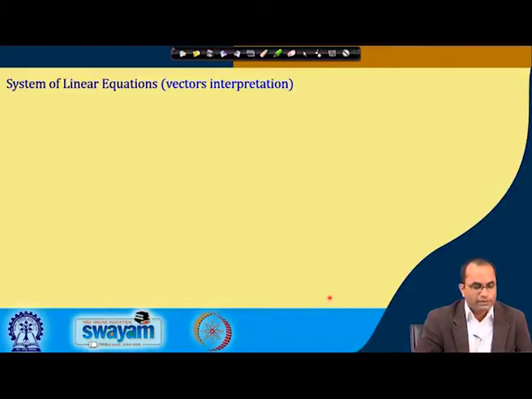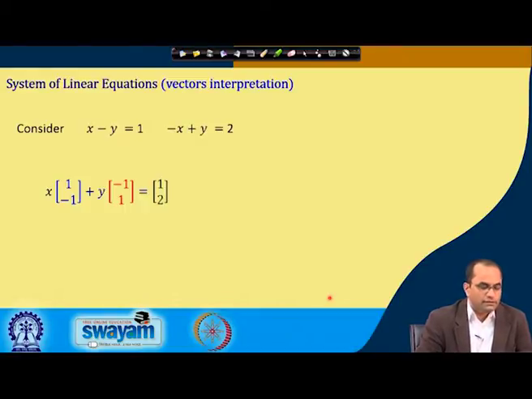Now, coming to the next interpretation, which we call the vectors interpretation. We can again rewrite the system of equations in the vectors form. x is multiplied by 1 and minus 1, and y is multiplied by minus 1 and 1, and the right hand side vector is 1 and 2.